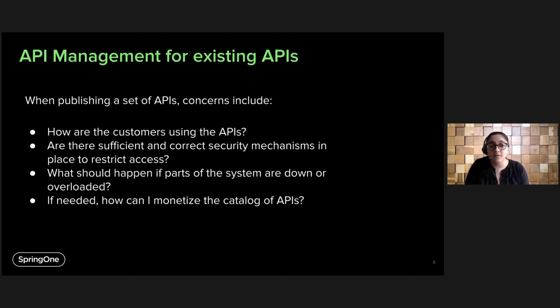What should happen if parts of the system are down or overloaded or in an erroneous state? And if your organization has a need for monetization, how can I monetize this catalog of APIs? The concerns listed here and many, many more are often shared in many APIs that are published out there.